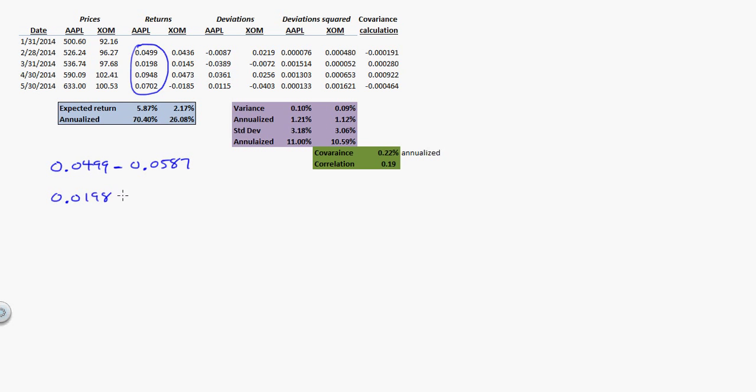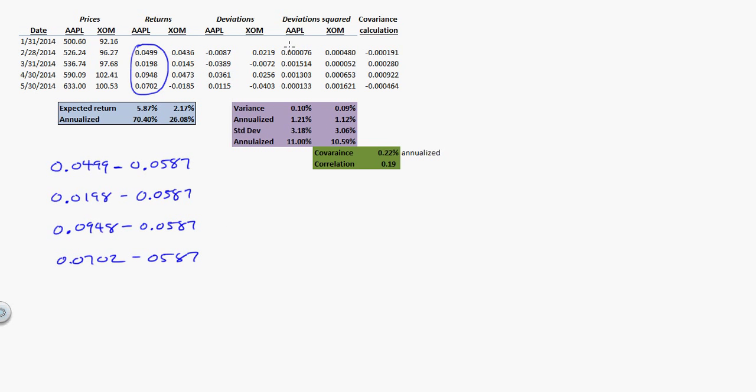So that was a return for that month of 1.98%. Well, that's a lot worse than what I expect to have, the 5.87%. And then this next month, 9.48%, that's better than what I expected. And then this next one, 0.0702, that's better than what I expected. These are called the deviations.